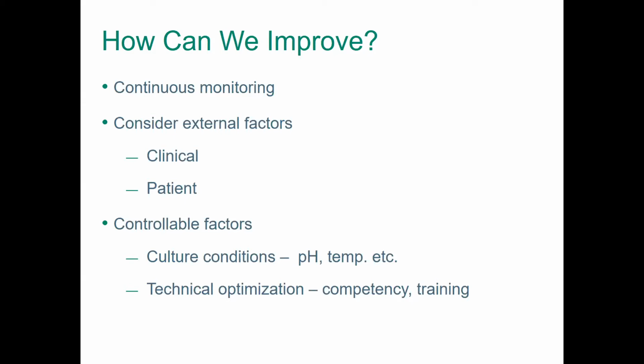And as we talked about, there are definitely external factors that we cannot control. In the lab, we cannot control stim, which has a lot to do with the quality of eggs. Certainly on sperm prep, we cannot control what that particular sample is going to look like or how it may behave.